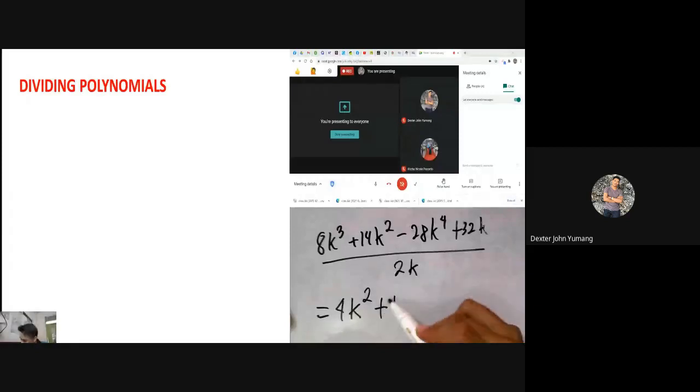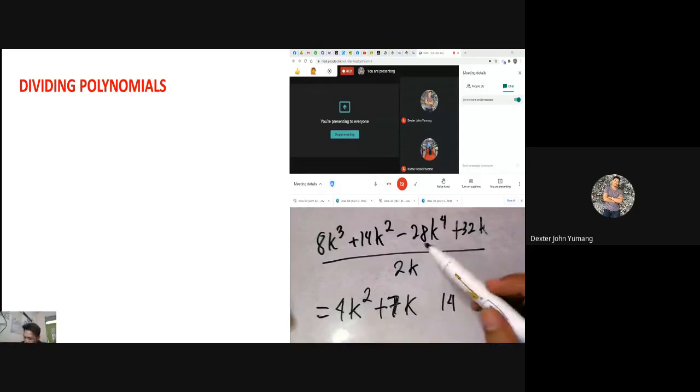Then k squared minus invisible k1. Therefore, we have k only. So tama po kayo, k raised to 1, okay lang po. Pwede pong lagyan ng k raised to 1 or pwedeng invisible 1 na lang po. Next, 28 divided by 2, that is 14. But take note, the sign here is negative, but on the denominator, that is positive.